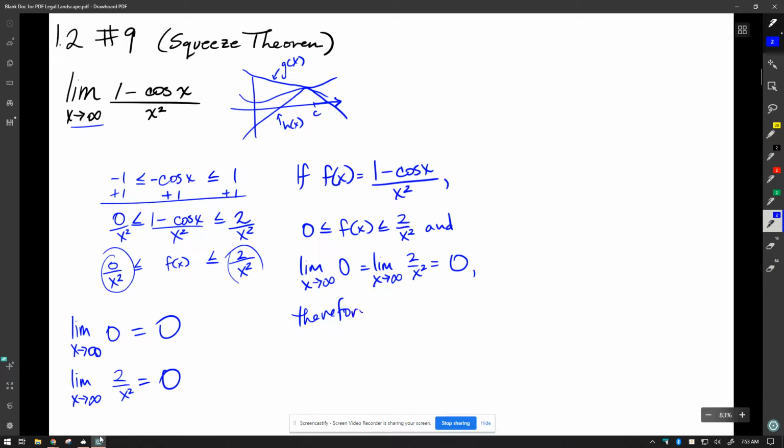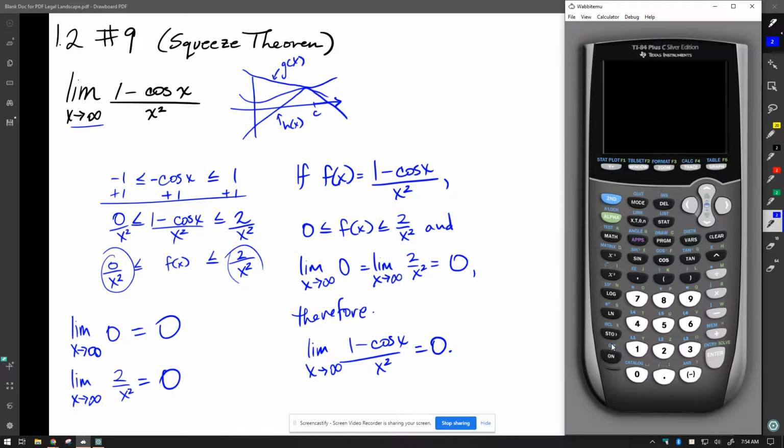Therefore, now here's where we give our answer. The limit as x approaches infinity of 1 minus the cosine of x over x squared is that same limit value, 0.